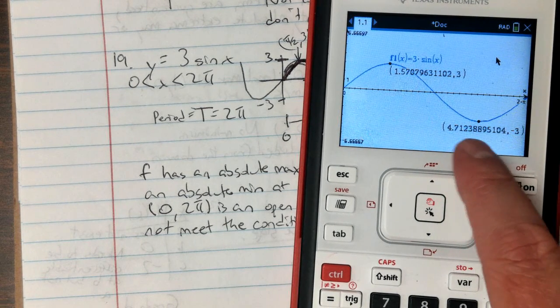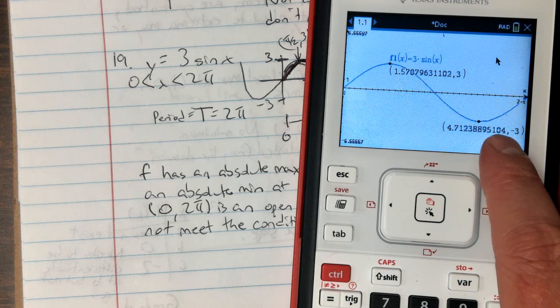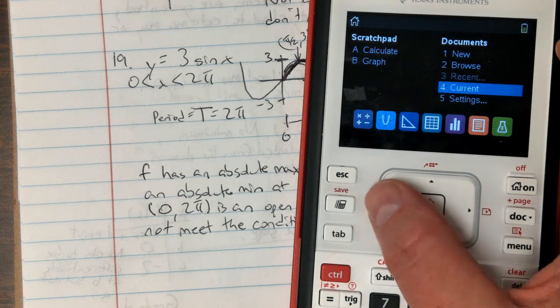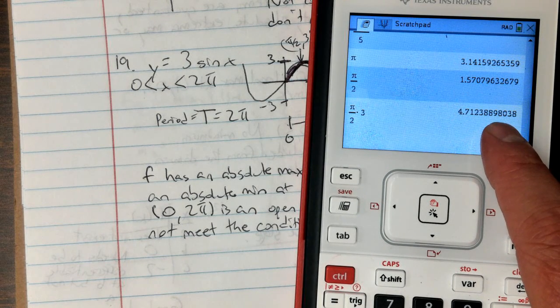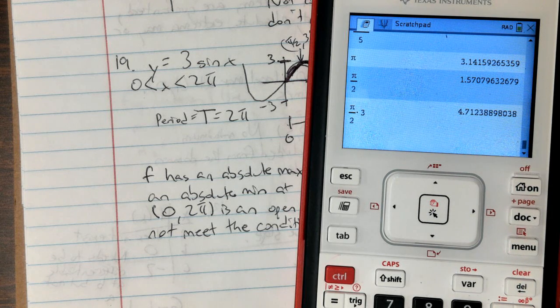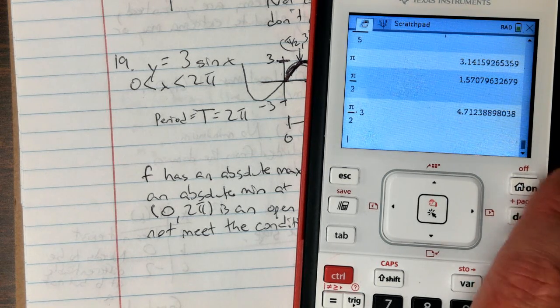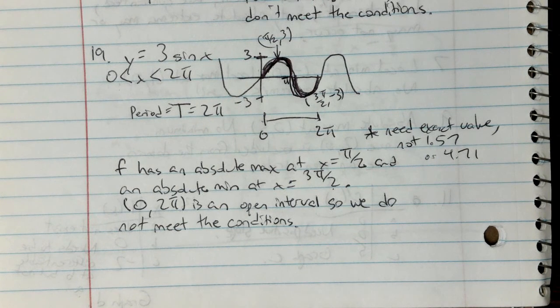Again, I'm showing many decimal places, but it doesn't really stop at the 104. We don't even see the 104 here because of rounding. So anyway, let's not get hung up on that, but the main thing is we need our exact answer. Okay, so that's number 19.